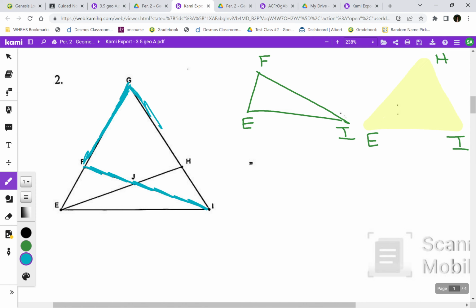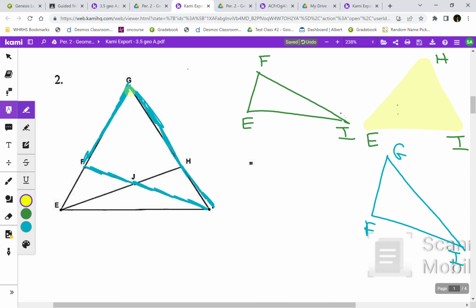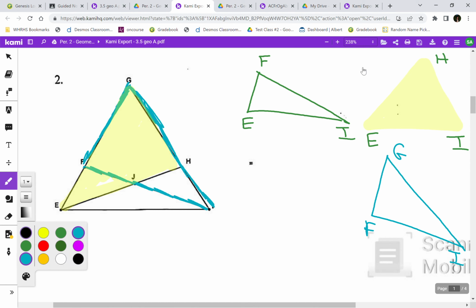I'm highlighting it or outlining it in blue. And the other one was triangle GHE, which I'm highlighting in yellow.